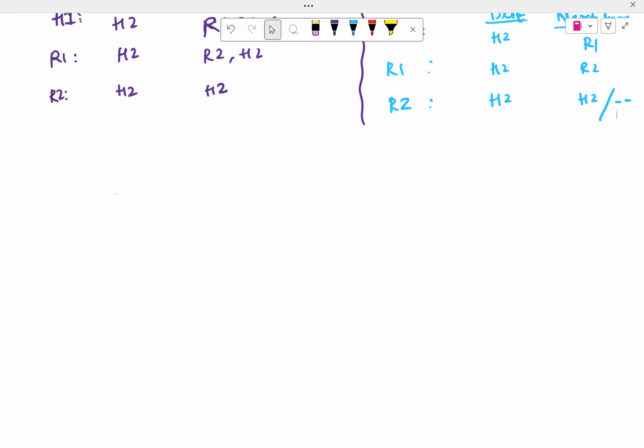I think I should discuss the link state routing. Okay, distance vector routing concept.